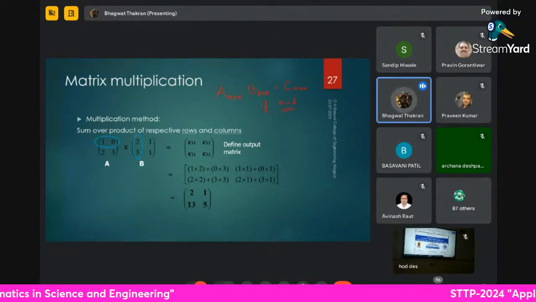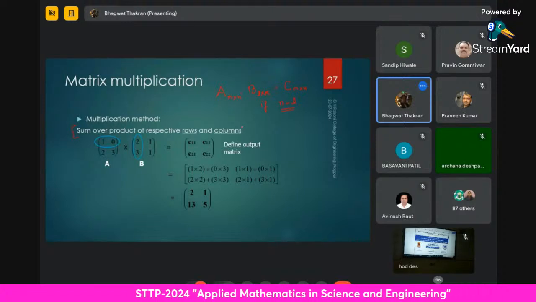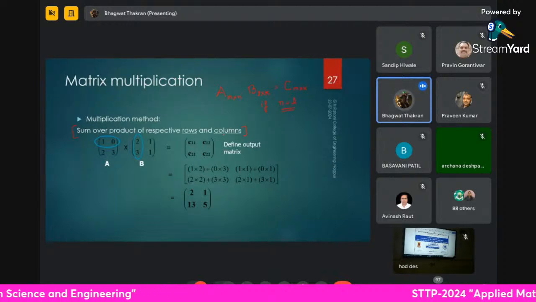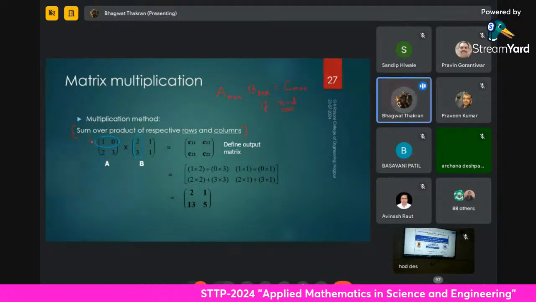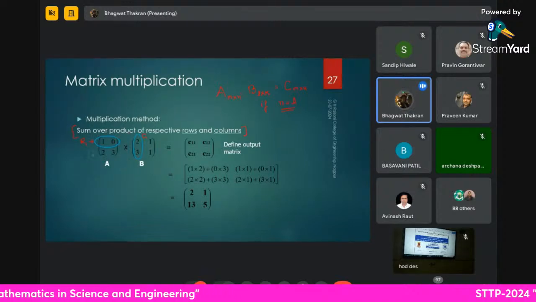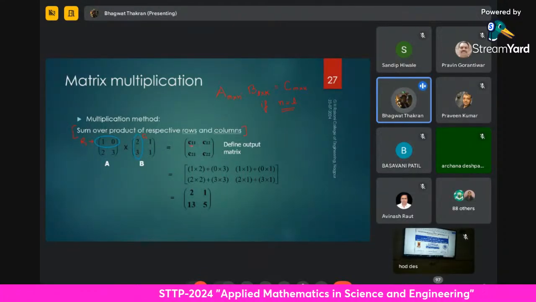So taking a 2 by 2 matrix, the definition of matrix multiplication is very simple if we understand it: sum over product of respective rows and columns. This is my row R1 whose respective column is C1. If I take the product and take its sum, the result is my C11 component.